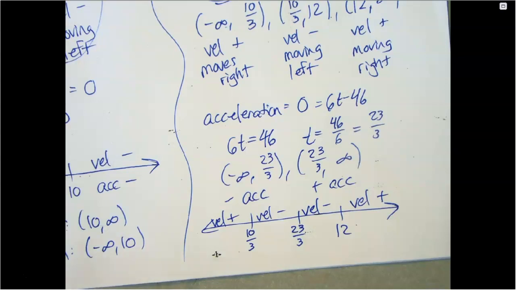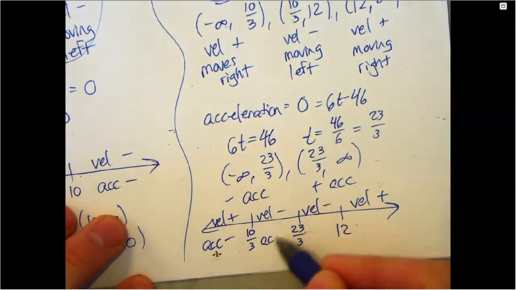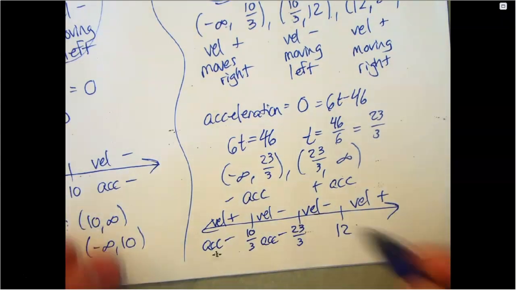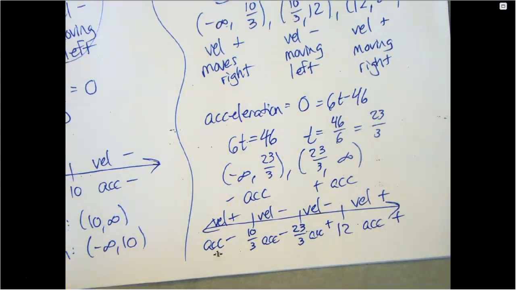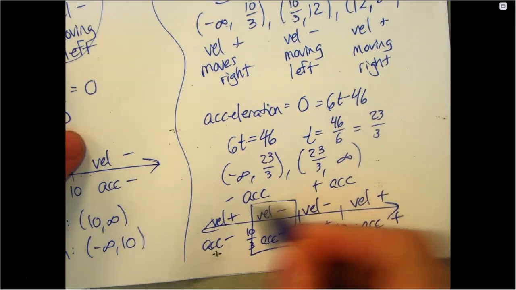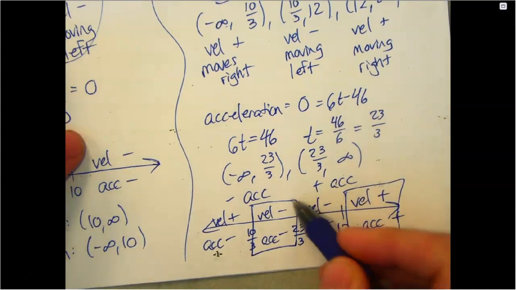And the acceleration is negative up until 23 thirds, and then positive after. So if both signs are the same, are we speeding up or slowing down? Speeding up, and if the signs are different, we're slowing down. So we're speeding up in those two spots.